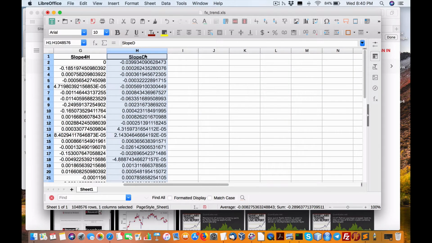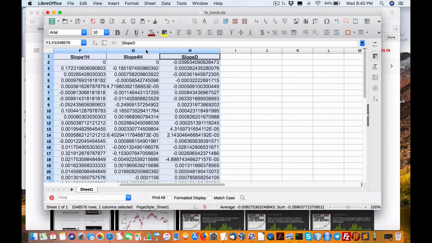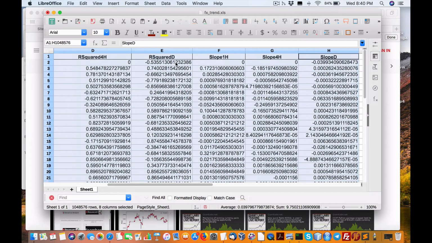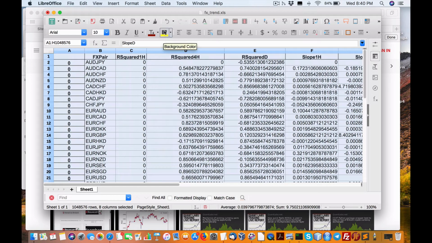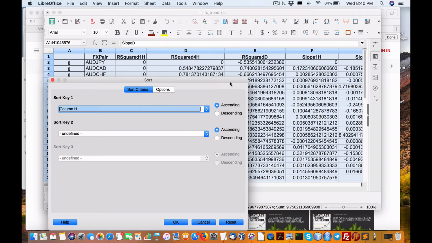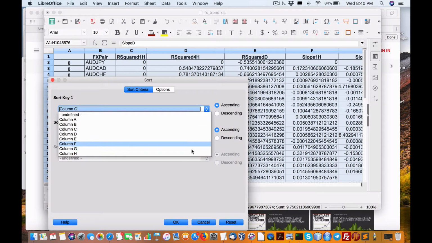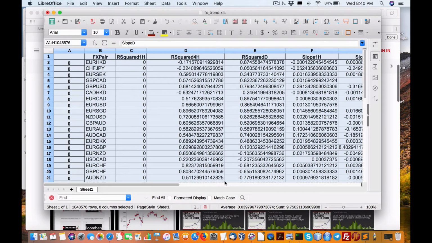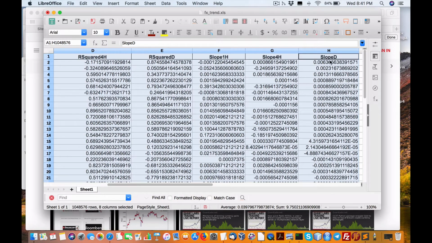Okay. So if I try to capture all the data, I can easily get my script to do the sort. And what the sort does, it will sort column H, I believe, descending. Column H is the slope for the daily. Okay.